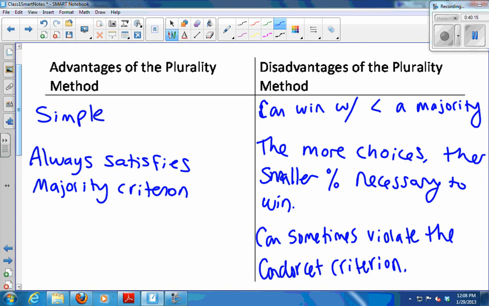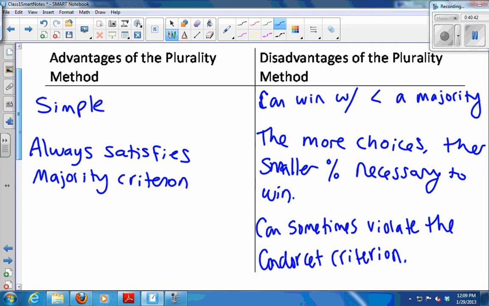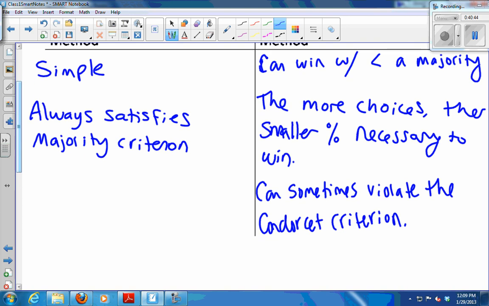Well, we don't get to have an opinion about who we want to win. The method just determines who wins. So we were using the plurality method, which means R1, the Rose Bowl, won. But then we can have an opinion about whether or not that's fair. Yeah, in fact, that's a disadvantage of the plurality method, is that it does not take into account anything other than first place votes.